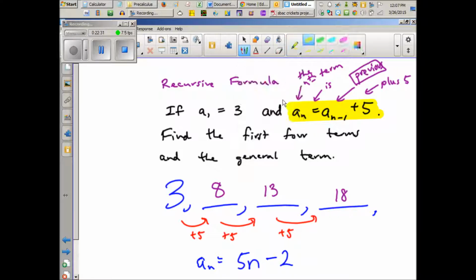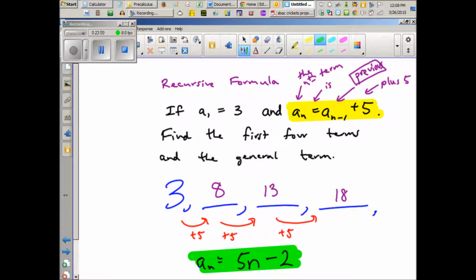It's 5n minus 2 because all of these numbers are exactly 2 less than their respective multiple of 5. So 5 times 3, take away 2. 5 times 4, take away 2. This is called a recursive rule in yellow. It tells us how to get the next number. This is called a general term in green. This tells us how to get any number.